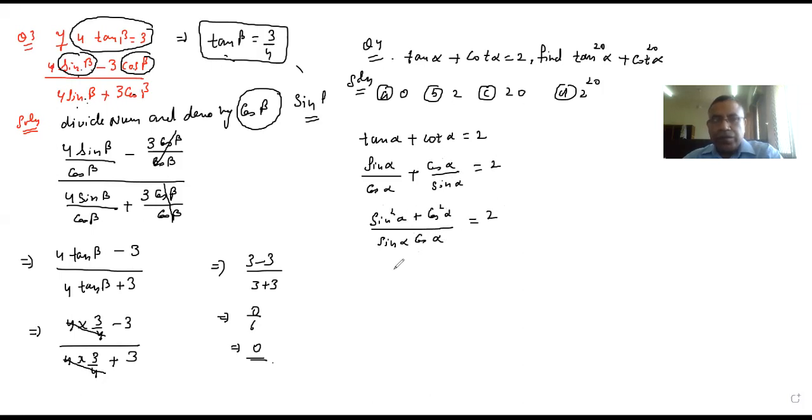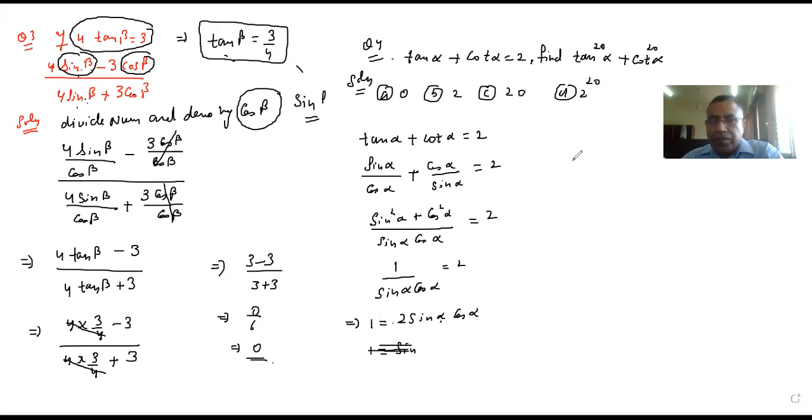Sin square alpha plus cos square alpha, this is 1, upon sin alpha cos alpha is equal to 2. Cross multiply. So 1 is equal to 2 sin alpha cos alpha. From here, see what should be the angle of alpha so that it should be 1?